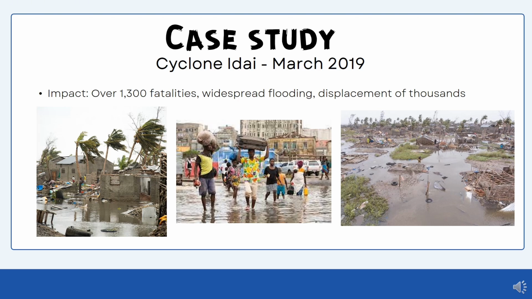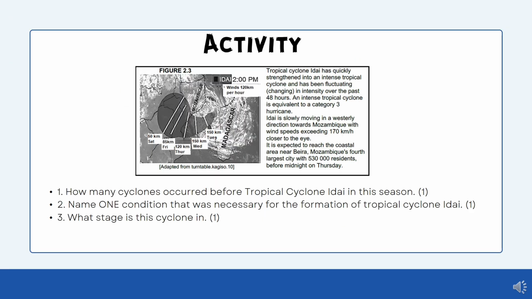Just think about how it's only Mozambique that is on the coast, but tropical cyclones are so destructive that they even affected an area such as Zimbabwe, which is so far from the coast. So they are very destructive.